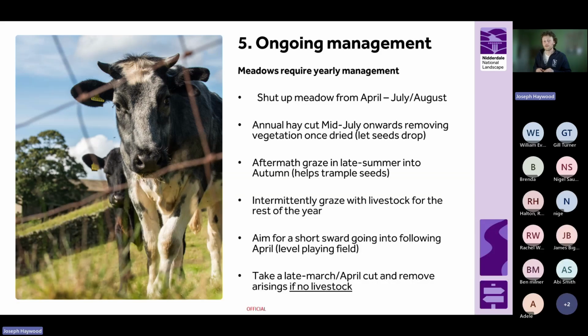So it might be different where you're living, but I think for next year, what I'll do is mow my lawn probably early Feb before all my daffodils and crocuses come up. Because we didn't do that this year, and we didn't want to mow the lawn because all the daffodils are in there. So it's dependent on your scenario. But yeah, aim for a short sward going into April.